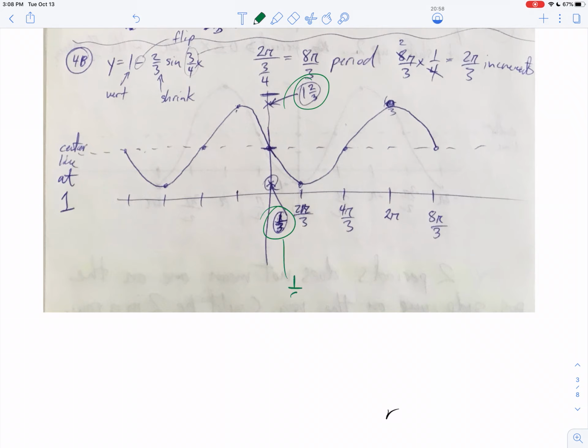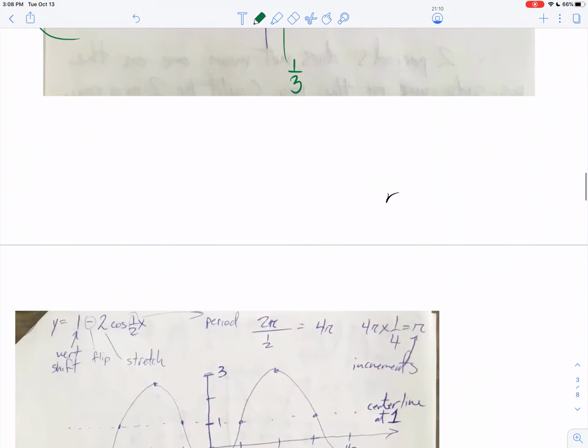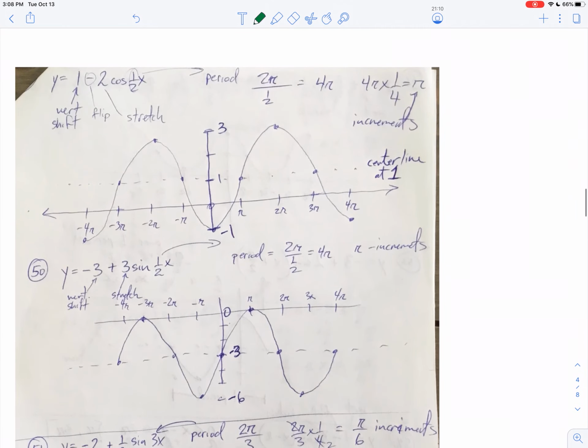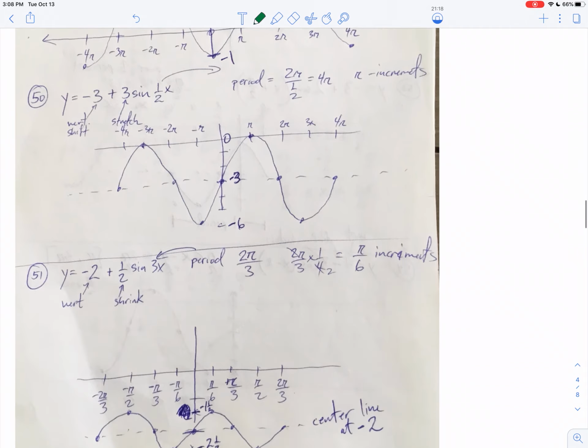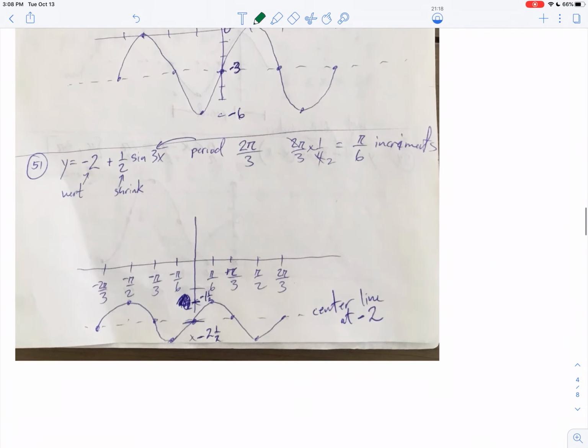This one says 1 2/3 because they wanted me to move up and then mark things off. My center line at 1. So anyway, check your answers as you go through. That's number 49. It got chopped off. I can see there. That's 49. There's 50. There's 51. Okay?